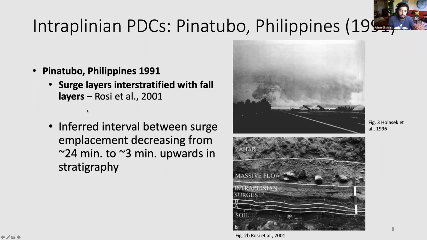So again, this implies simultaneous convective rise and dense collapse. Interestingly, the inferred timing between PDC layer emplacement within this interstratified deposit decreased from 24 minutes to 3 minutes upwards in the stratigraphy, or later in time in the eruption.